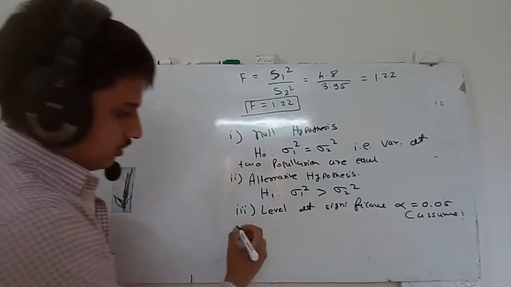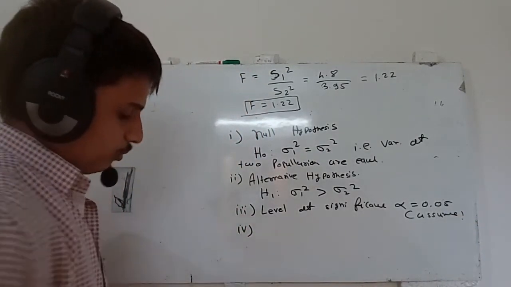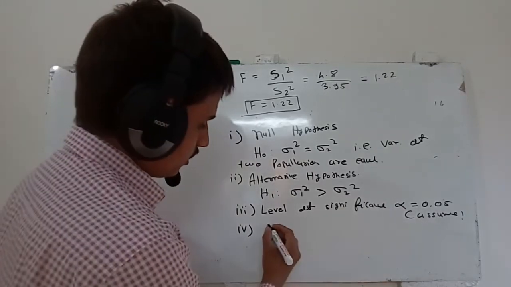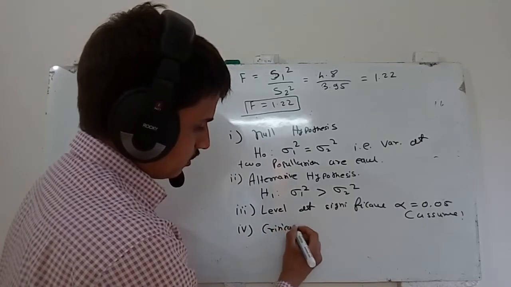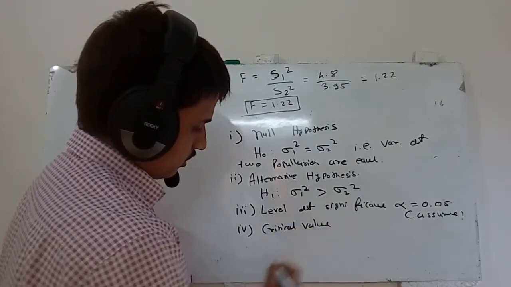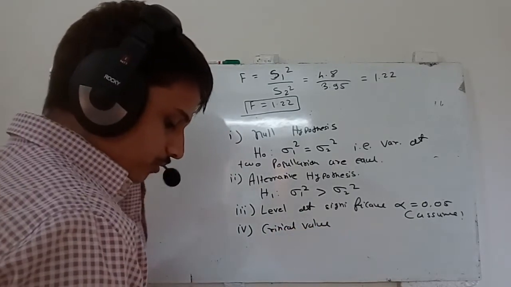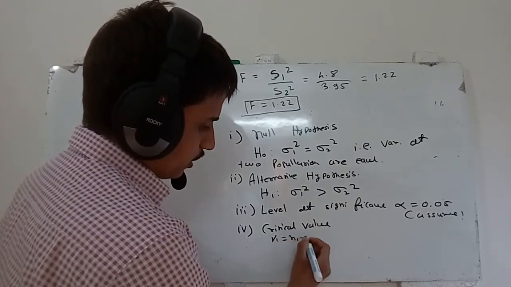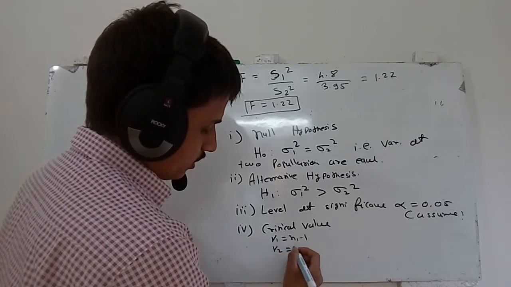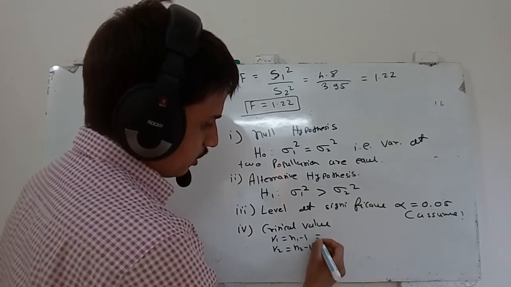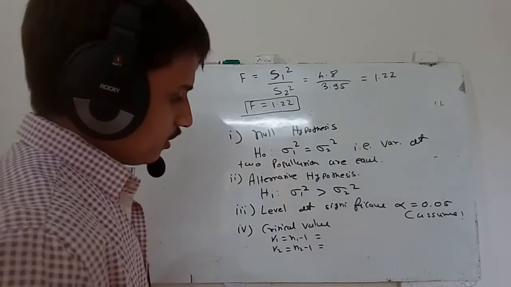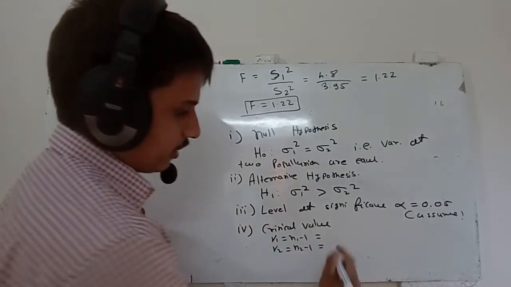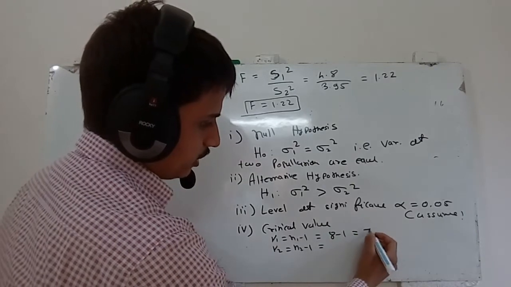Now after rule number 3, we will write rule number 4 as critical values, that is degrees of freedom. Critical values are V1 and V2. V1 is N1 minus 1 and V2 is N2 minus 1. So in our sample 1, total number of items were 8, so 8 minus 1 is 7.